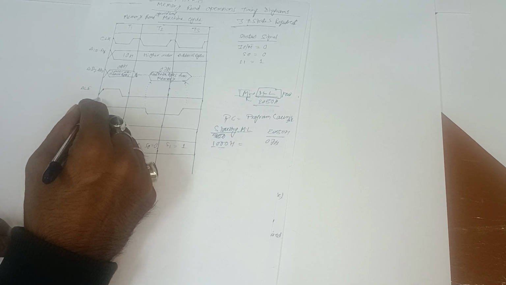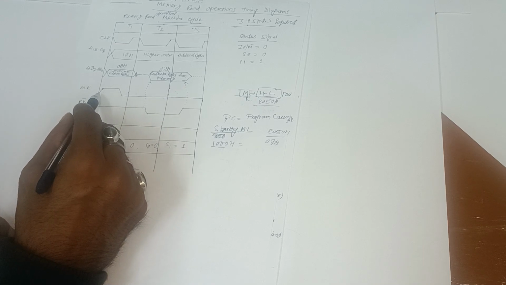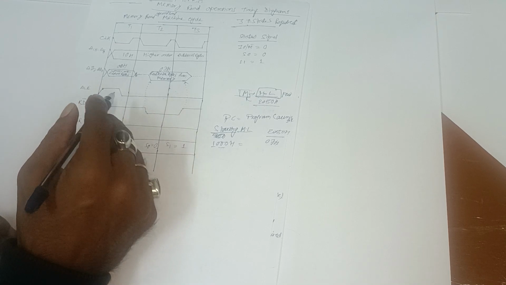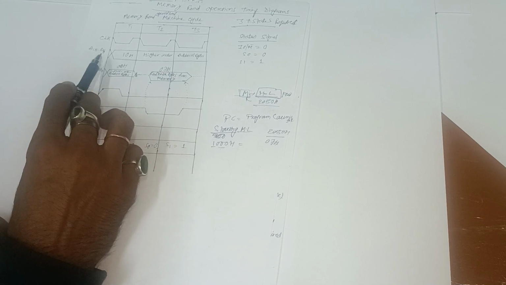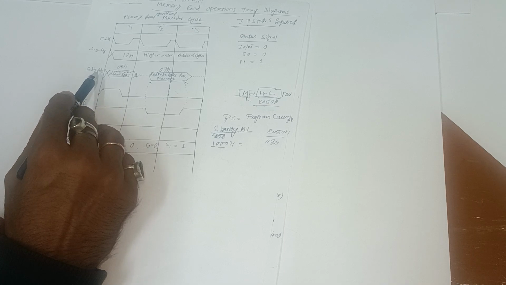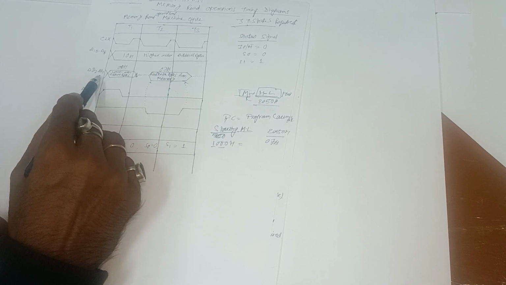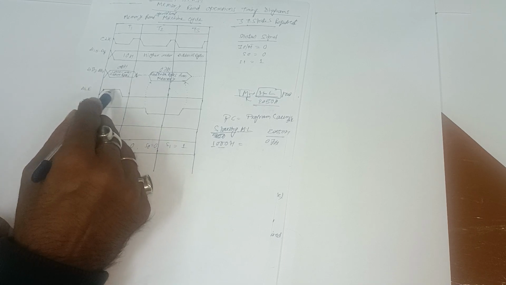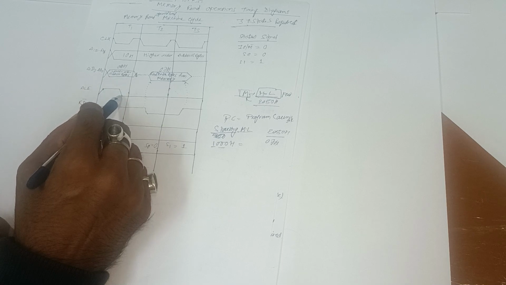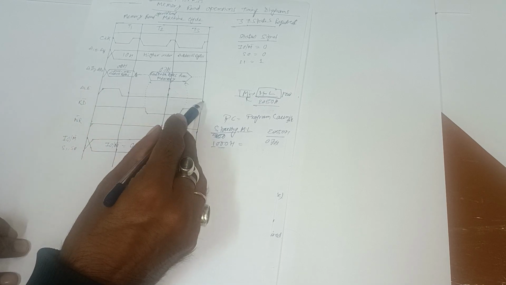Here, again I am saying, ALE will be enabled to distinguish the lower order address and the data byte from the multiplexed bus. ALE is enabled only in the T1 state, and then it goes low.